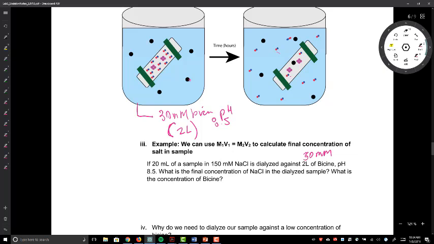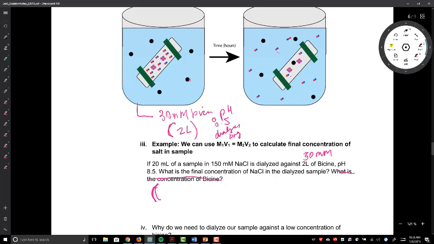What is the final concentration of NaCl in the dialyzed sample? We're not going to calculate the concentration of bicine because it's going to stay the same. So if we start off, our initial volume is the volume of our dialysis bag.